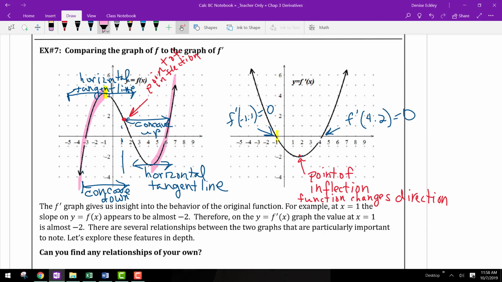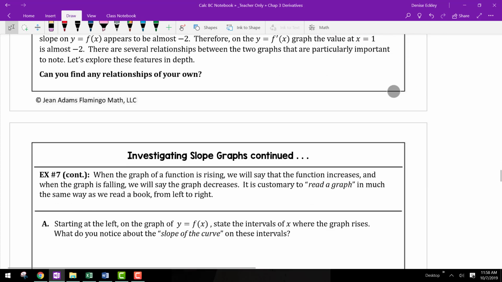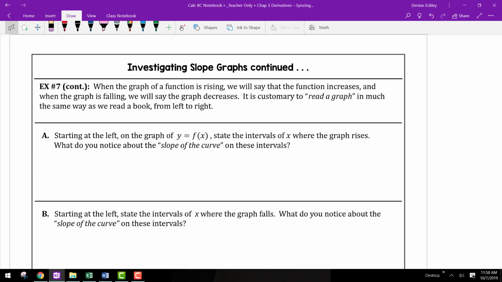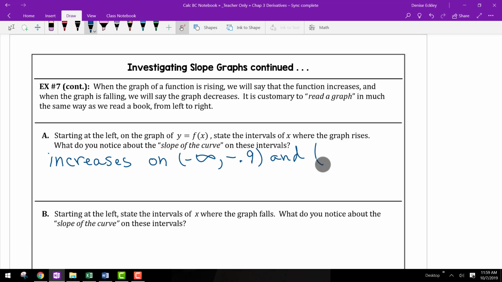So that's how we're going to write our answer. It increases on negative infinity to, it's not quite at -1, so I estimate it to be -0.9. Or you can use the union symbol, and the other one is around 4.2, 4.1 to infinity.